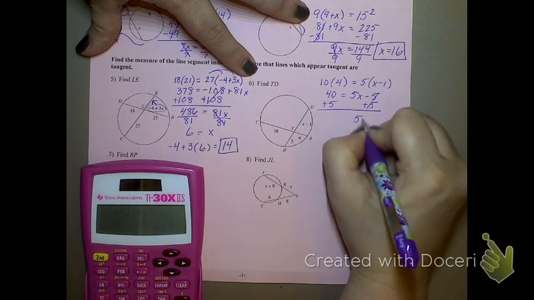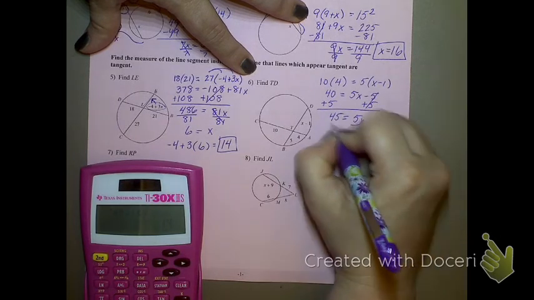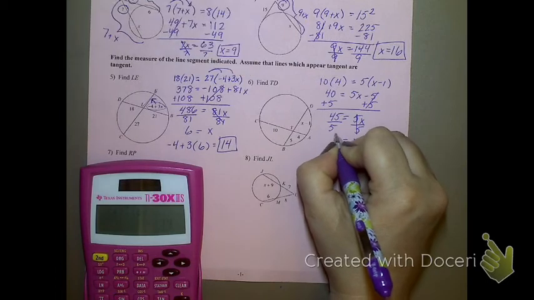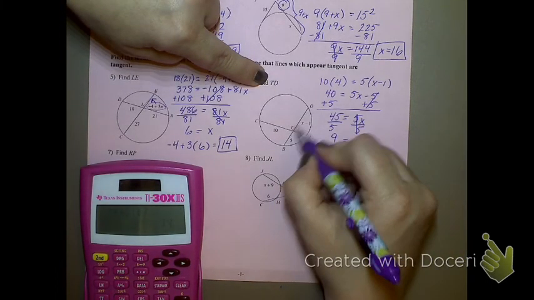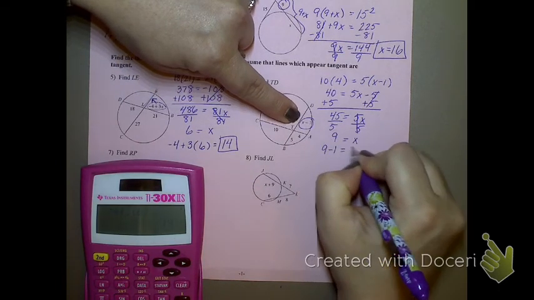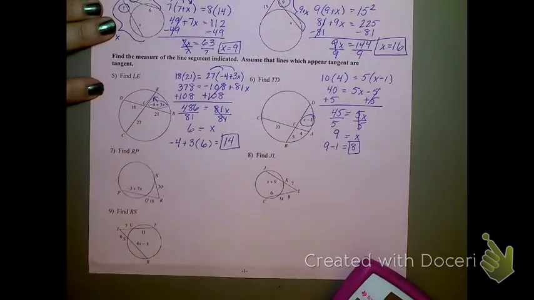So 5x equals 45. Divide by 5, and what does x equal? 9. And what am I looking for? I'm looking for TD. So 9 minus 1 is 8. Pretty easy? Okay.